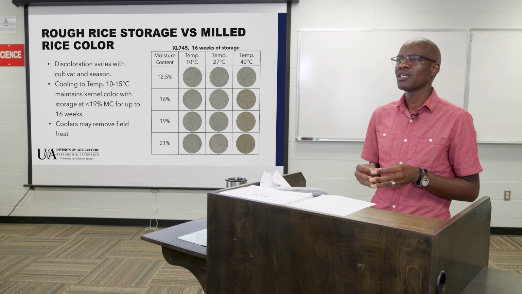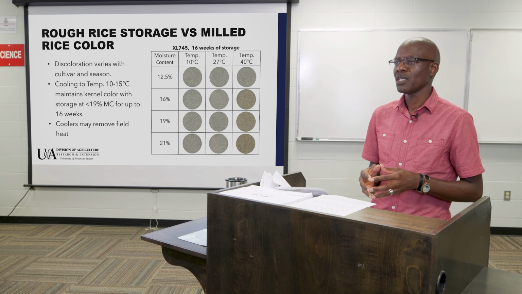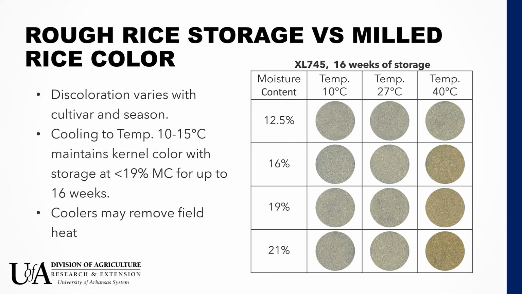Different cultivars present different vulnerabilities to discoloration. And again, season comes into play because depending on the prevailing temperatures during growth, the rice might come with different abilities to withstand some specific stresses in terms of temperature and moisture content.